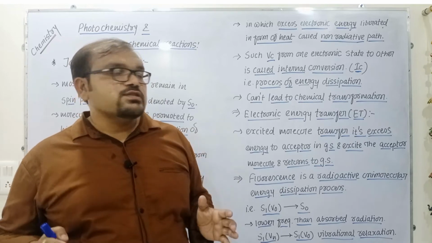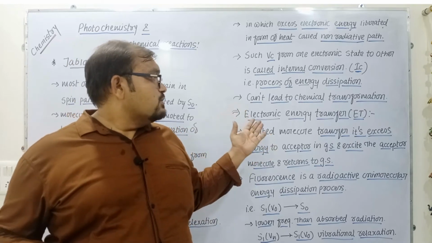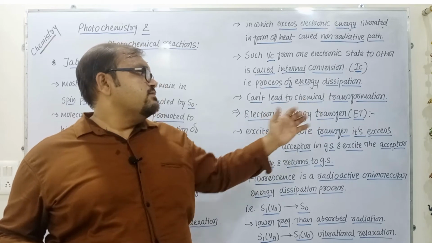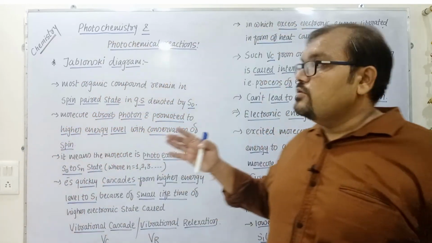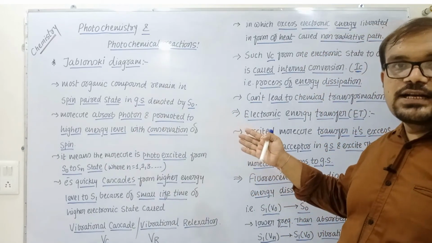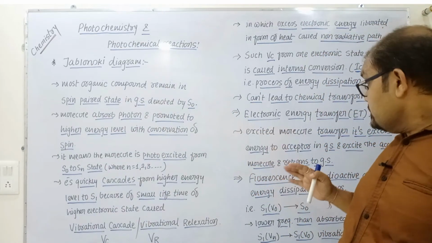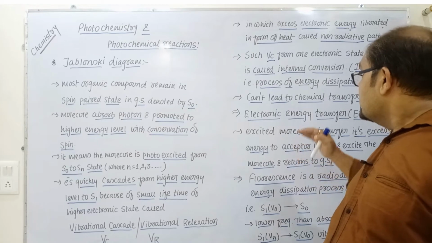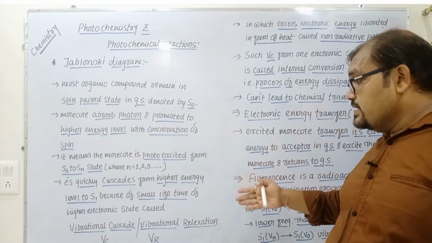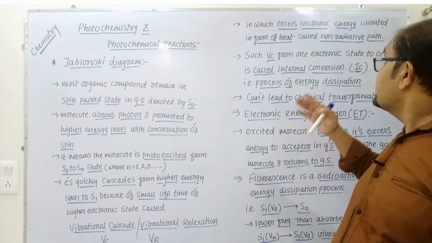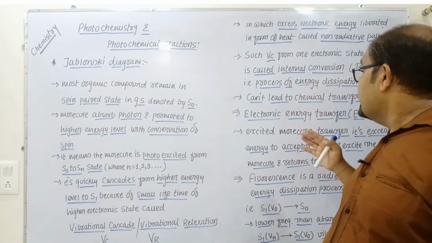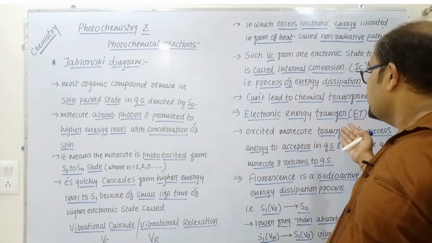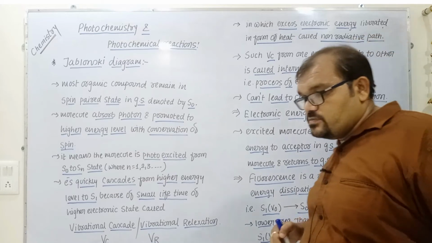Such a process is known as electronic energy transfer, which is denoted by ET. As we can also see here in the diagram, there is this vibrational cascade or vibrational relaxation, then internal conversion, right, and the most important term, that is electronic energy transfer.